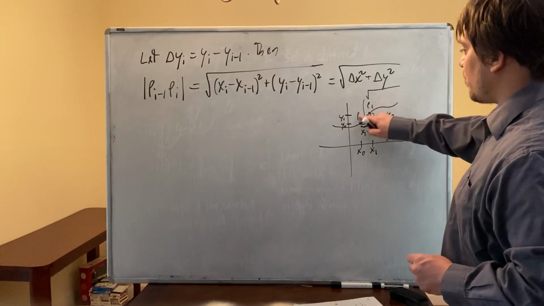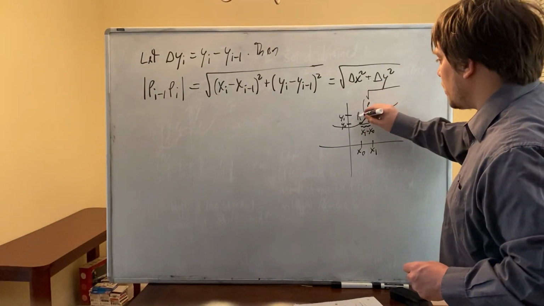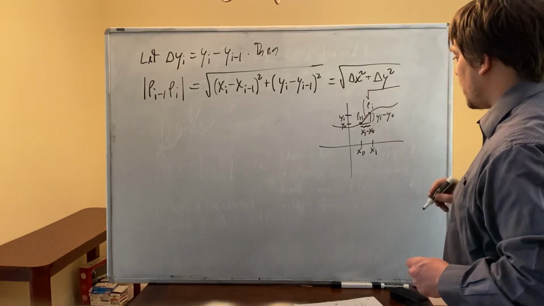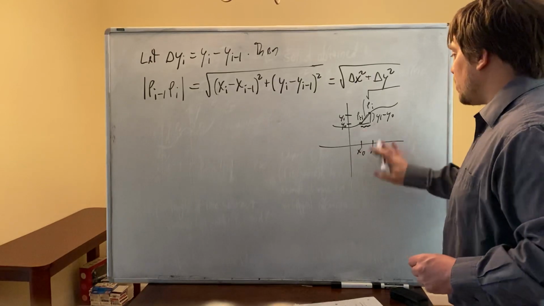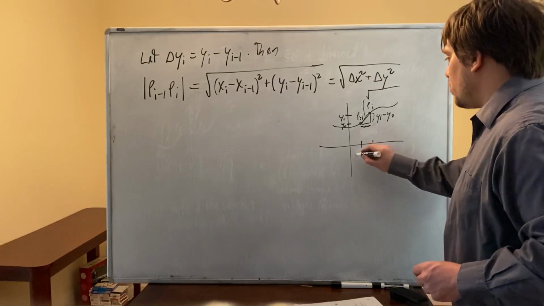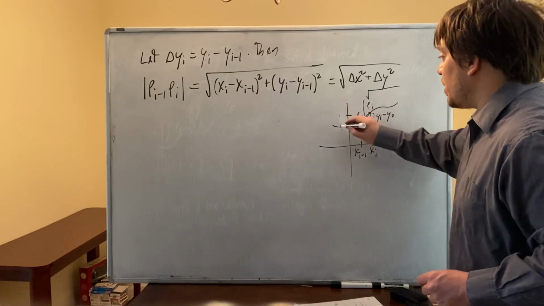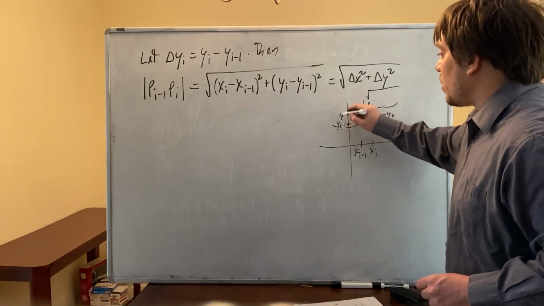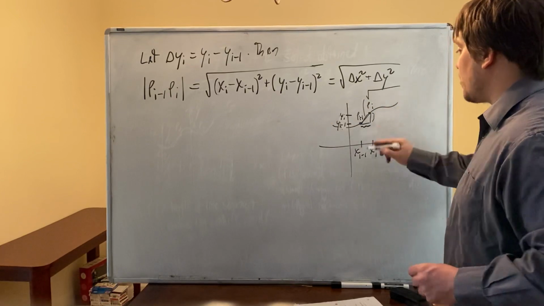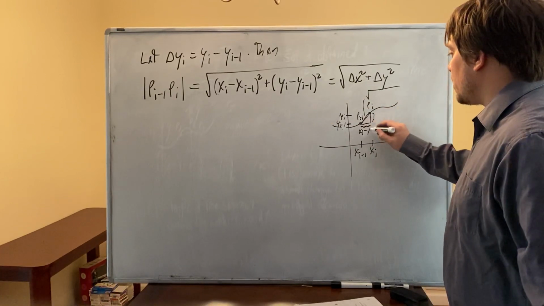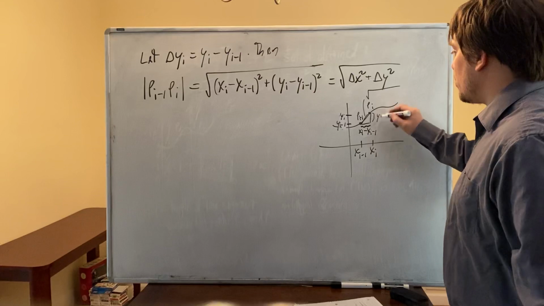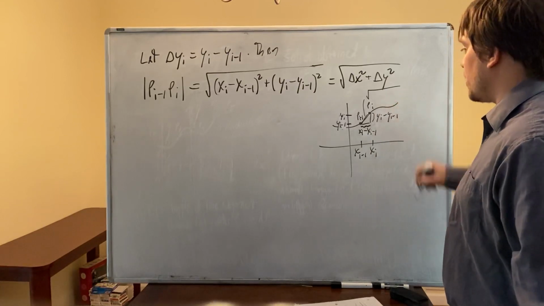If we just change this from P naught and P1 to P sub i minus 1 and P sub i, then this would be x sub i minus 1, this would be x sub i, this would be y sub i minus 1 and y sub i. So the difference in x values would be x sub i minus x sub i minus 1, and this would be y sub i minus y sub i minus 1.